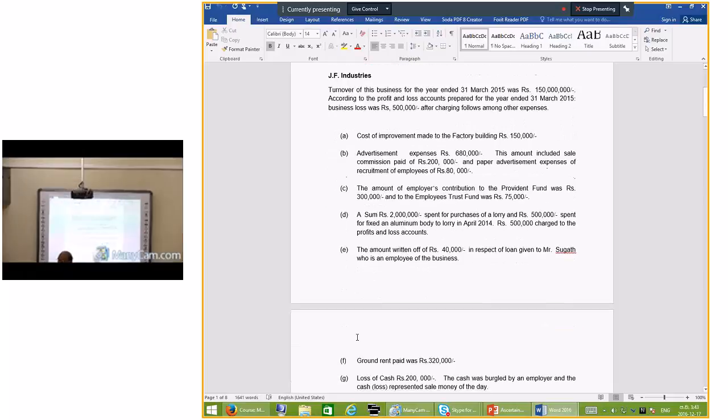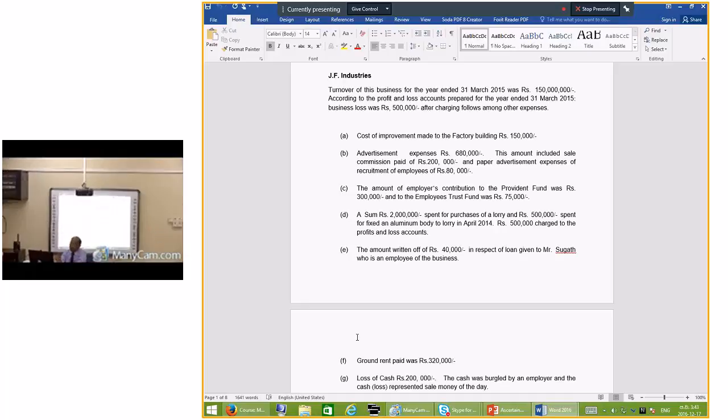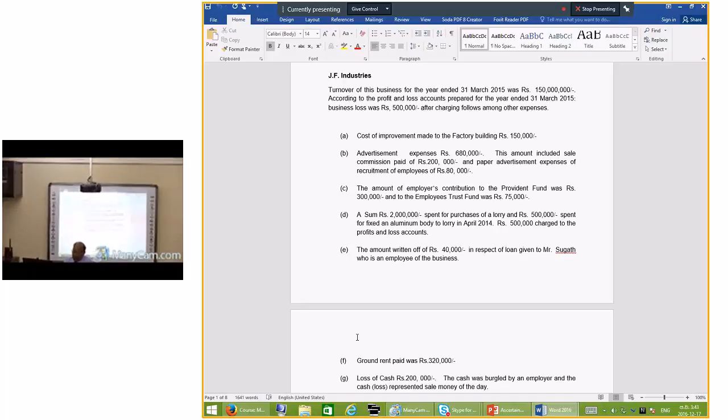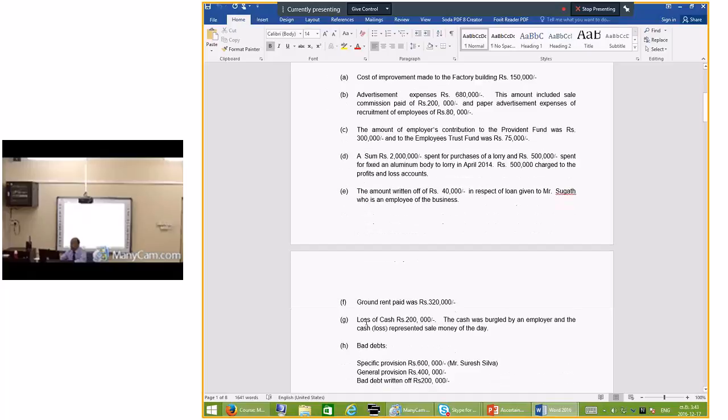The amount written off, 40,000, in respect of the loan given to Mr. Sugath, who is an employee of the business, right? Is it a business expenditure? No. He is an employee. If this debtor becomes a bad debt, this type is not for the business, right? Then, the rent and rates was 210,000.